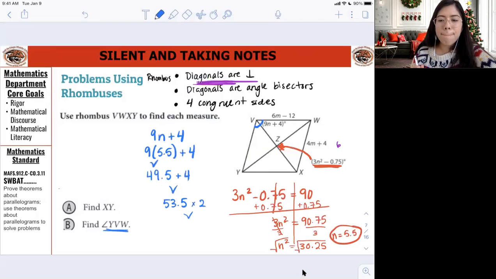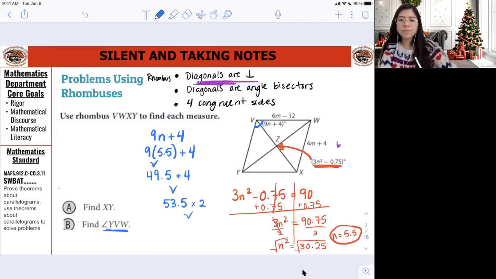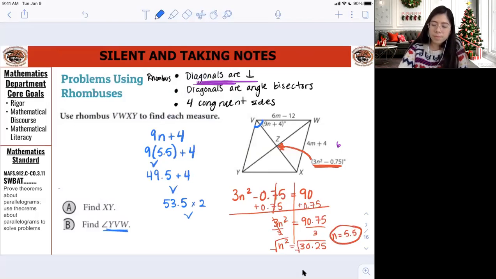What do you get? $107. The whole thing is 107 degrees.